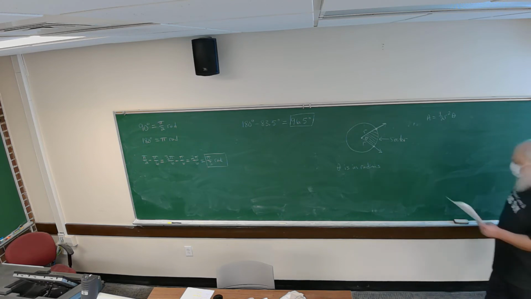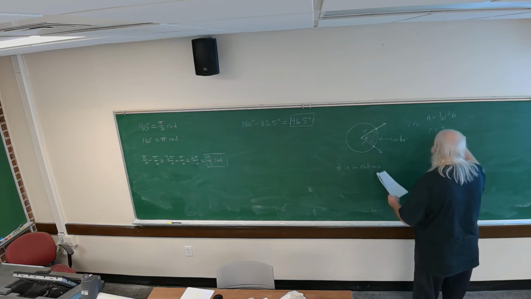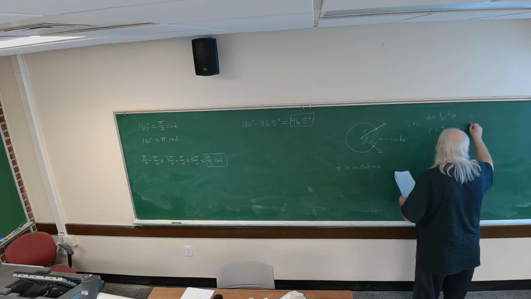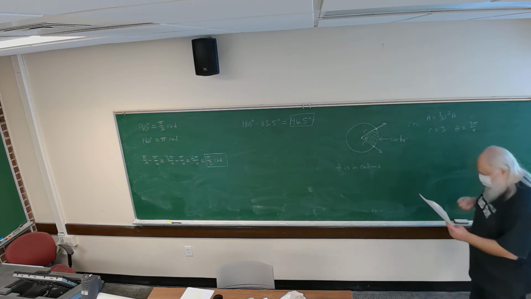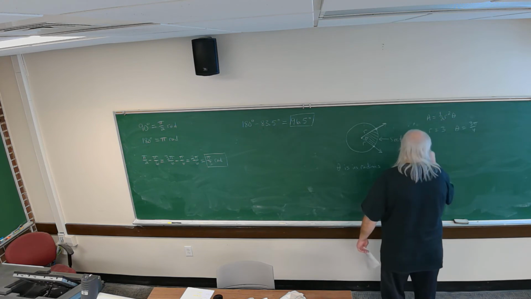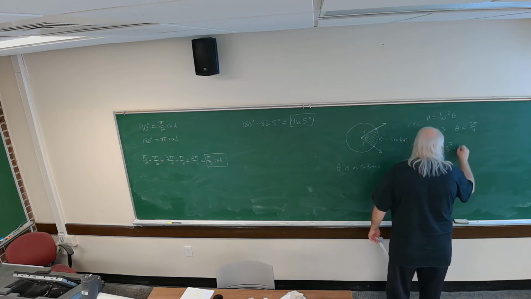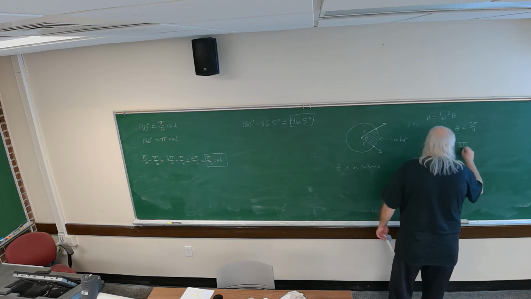So we're given r is equal to 3 millimeters, and theta is equal to 3 pi over 4 radians. So we plug in for r and theta, and we have 1/2 times 3 squared times 3 pi over 4.